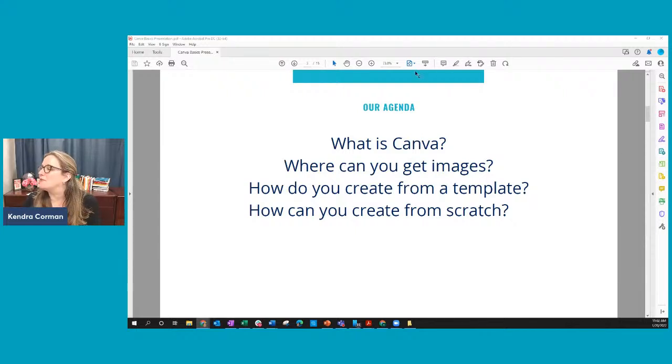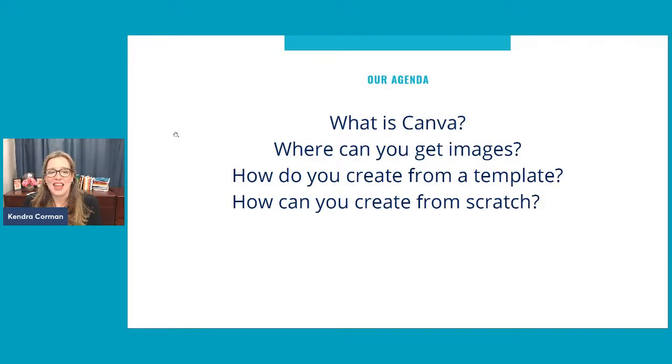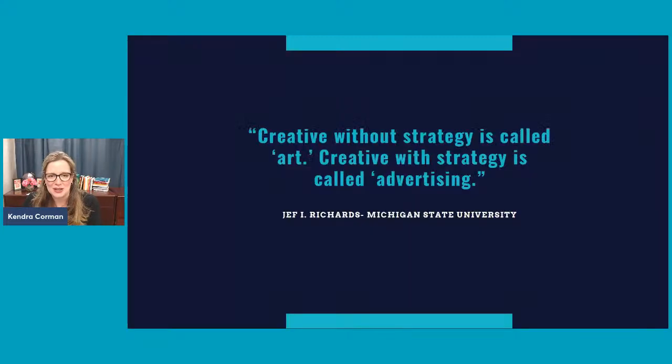Then we're going to talk about how to create from a template. I'm going to give you a lot of cautions on creating from templates. I love creating from templates, but there's also a lot of cautions about that because you can get a little too creative at times. And then we're going to talk about how you create from scratch.